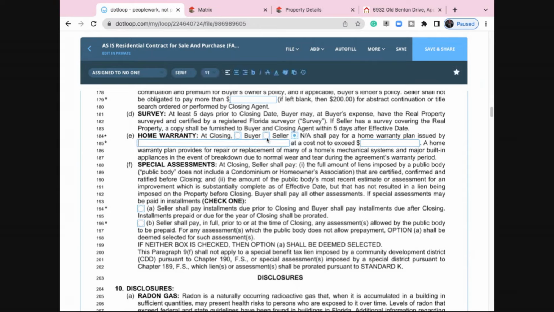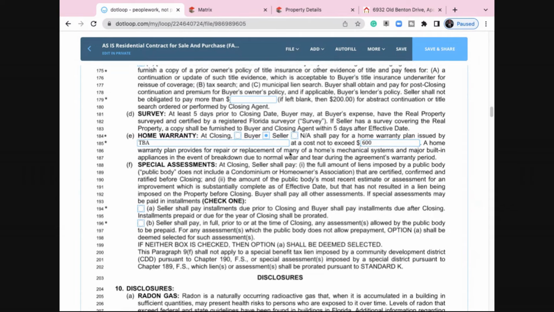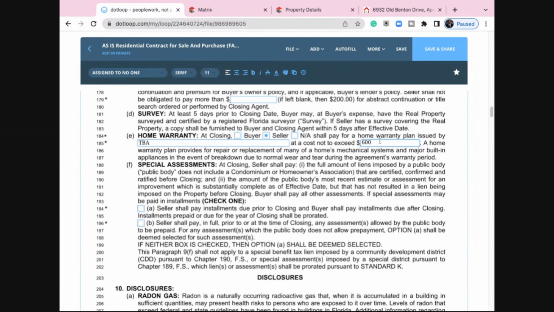But if you want the seller to pay for a home warranty, you click right here, and then it says seller shall pay for home warranty plan issued by, and if you're working with a home warranty company, you can put their name here, or you can put TBA, which is to be announced, and then not to exceed, let's say $600. Okay. So in this particular contract, we have the home warranty being paid by the seller, to be announced what home warranty company we're going to use, and it's not to exceed $600.